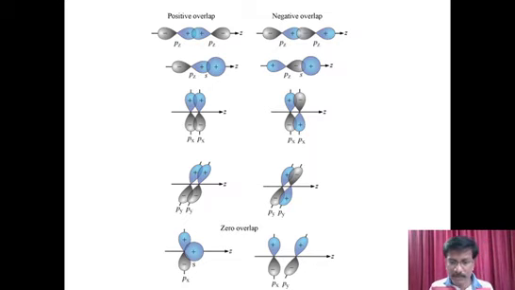Similarly, px interacting with py or pz doesn't make any sense, because there is no interaction of dumbbell to dumbbell. That orbital is not at all interacting with another orbital. So in all such different cases, you can clearly see positive type of overlapping, negative type of overlapping, and no bond overlapping. So these are different criteria for any overlapping among atomic orbitals.